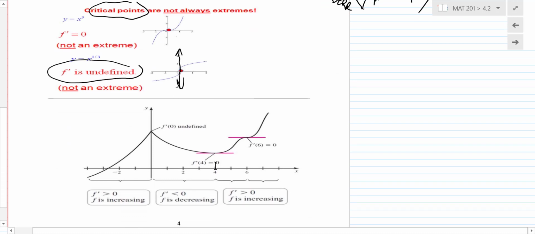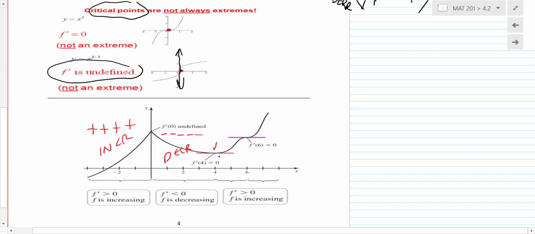So this diagram right here just illustrates what we've already been doing. What would happen on this graph if you made a sign chart? You would have a positive derivative there because you're increasing, correct? Here you would have a negative derivative until you get to that point right there, because you're decreasing.